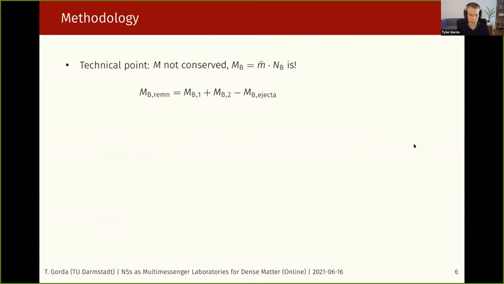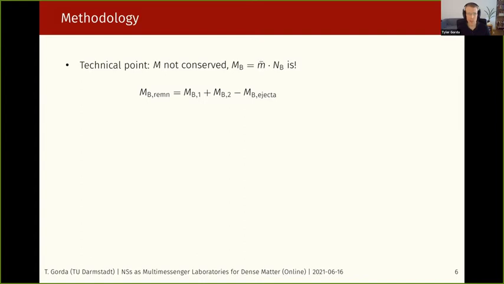So now one other technical point is that it's not the gravitational mass of the binary, the initial stars, that just sum to give you the mass of the final remnant. If you just took two 1.4 solar mass neutron stars and combined them into a remnant, the remnant mass, because it would be more gravitationally bound, is actually less gravitational mass. But it's the rest mass or baryonic mass that is conserved.